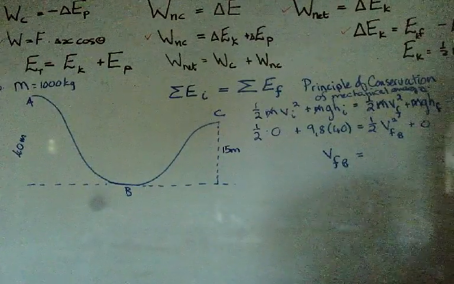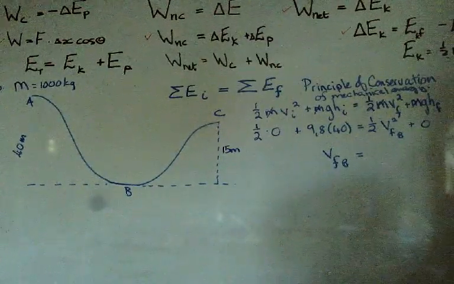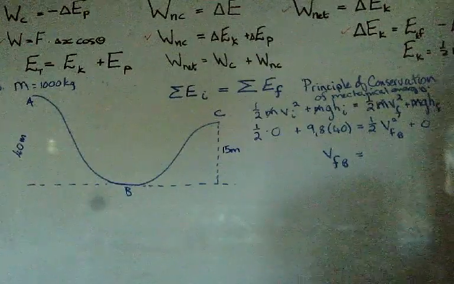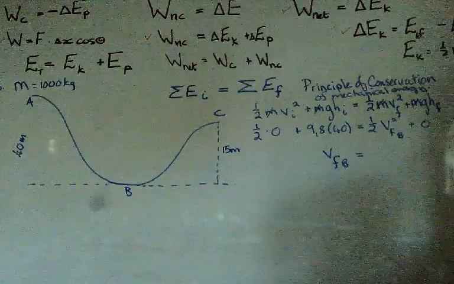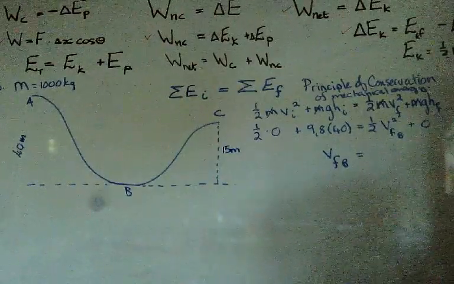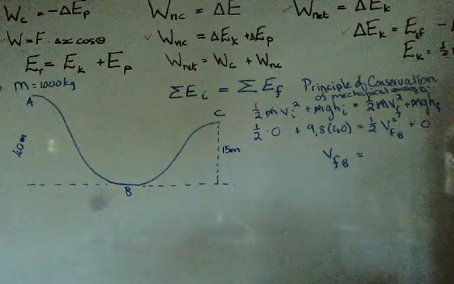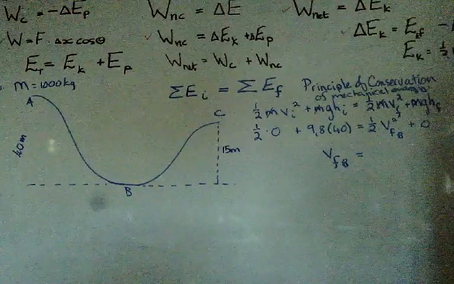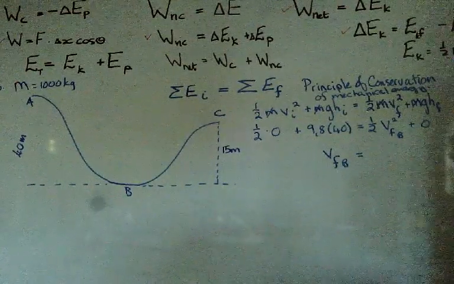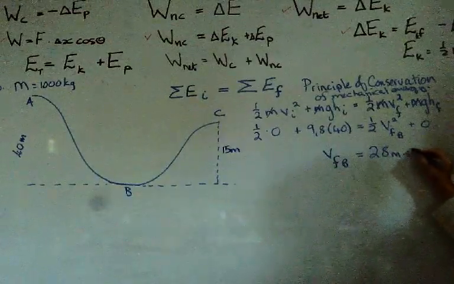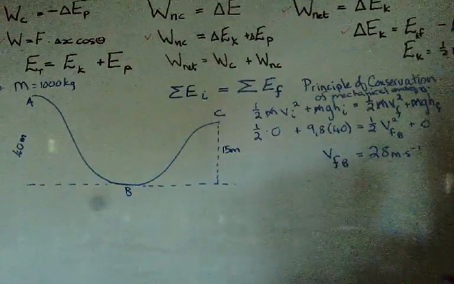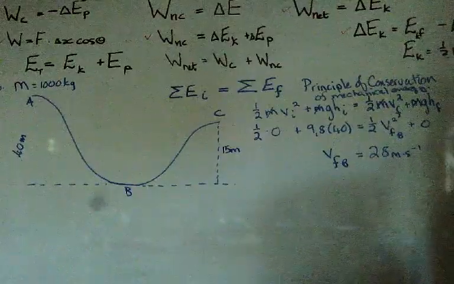Right. Do we have an answer, Zibi? 28. Oh my goodness. What answer about B? Okay. Then they want the speed at C as well. Now you need to decide: are you using A and C or B and C? B and C. Yes. A and C is so safe. But we just got B. Let's test it.